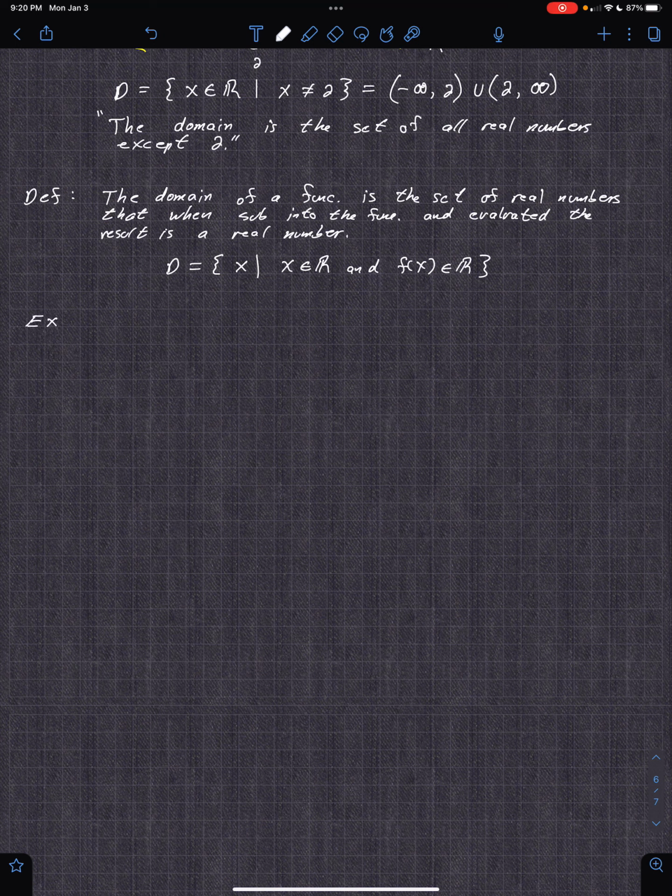So another example, find the domain of f of x equal to the square root of x plus 3. All right, so think about this. We have the square root. What must happen underneath the square root?